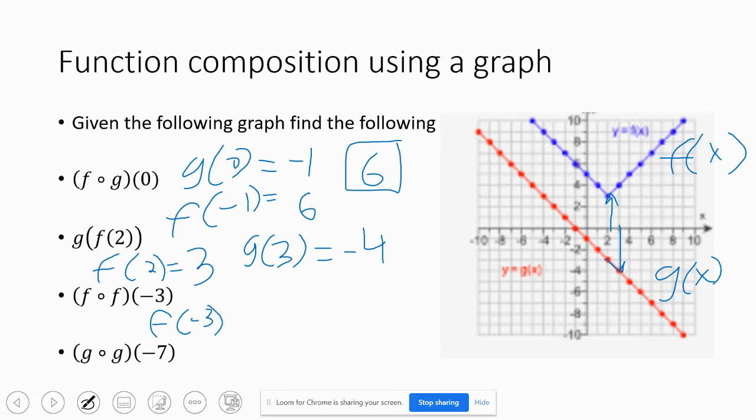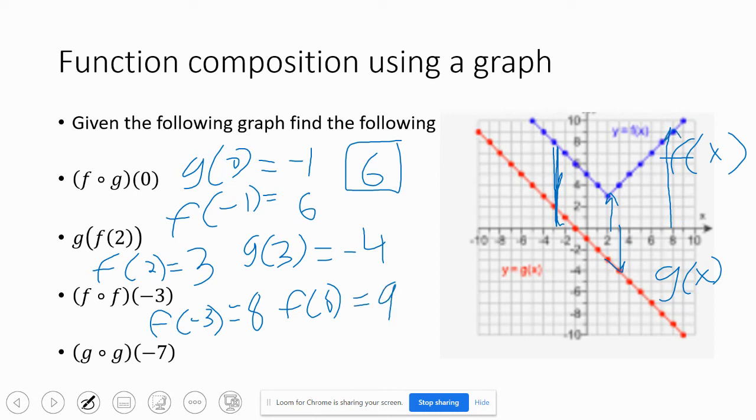So at negative 3, our graph is 8. Then you find f at 8. Should be all the way up here at 9.